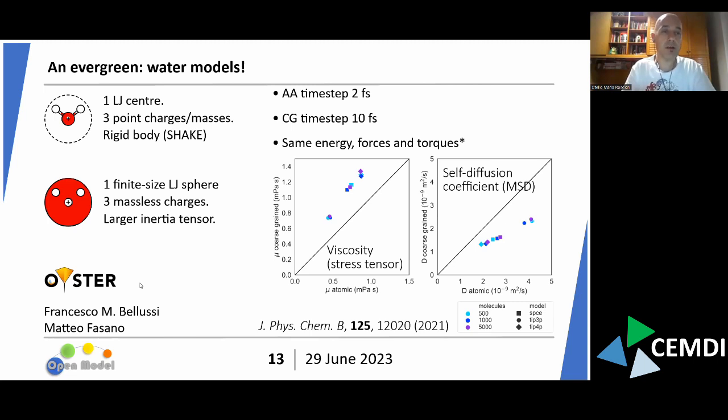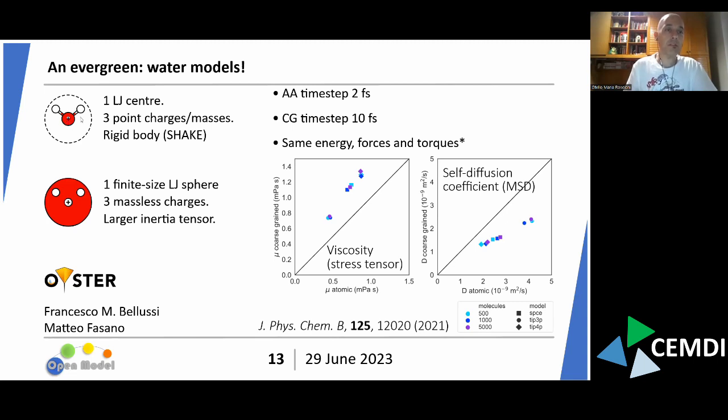So in this case, we used it to understand a bit better how this coarse grain model works, because basically for a water molecule we have exactly the same computational recipe.